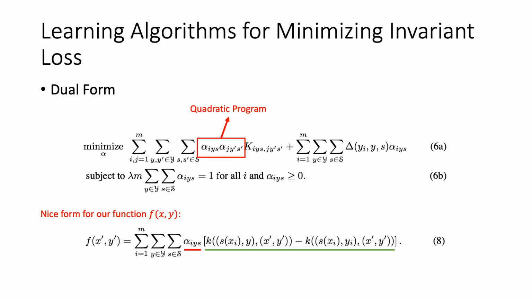But the 2 nice things that we do get from this is, first, these 2 Lagrange multipliers here indicate to us that we have a quadratic program, which there are tons and tons of libraries to solve for us. And the second thing that we get is this nice form for our function f, our compatibility function.